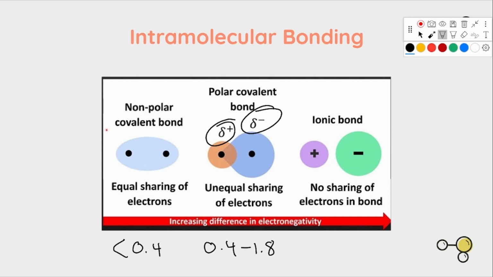Finally, ionic bonds don't share electrons at all, and instead completely transfer electrons because of the high electronegativity difference between the 2 atoms. Ionic bonds form when the electronegativity difference is greater than 1.8. Now these bonds allow compounds and molecules to be formed.